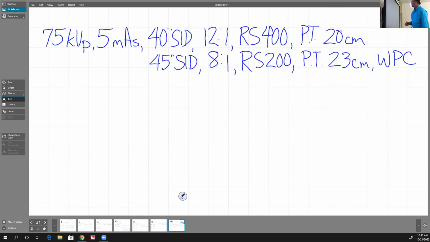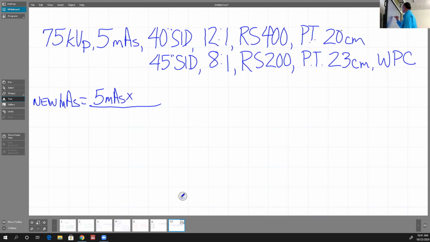Okay, so new mass equals 5 mass times 45 inches squared divided by 40 inches squared.